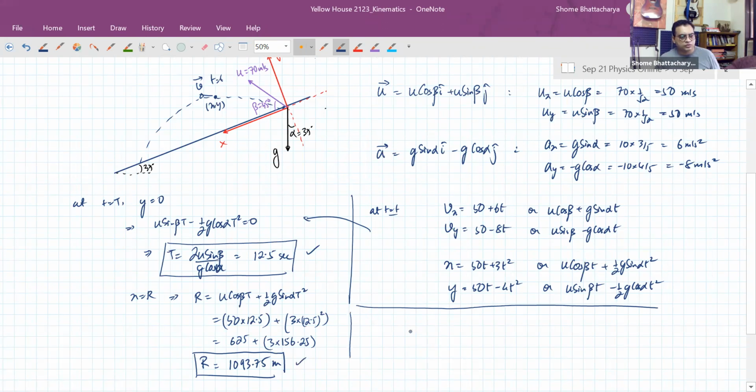Now you can see that the maximum distance from the inclined plane is where the y coordinate is maximum. The y coordinate is 50t minus 4t square.